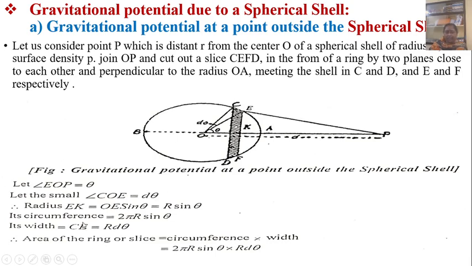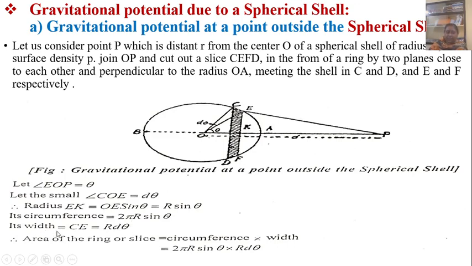Now radius EK equal to OE sin theta from the figure, therefore equal to R sin theta, that is the radius EK. Its circumference equals 2 pi R sin theta.